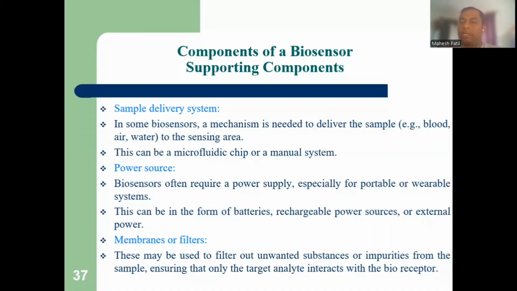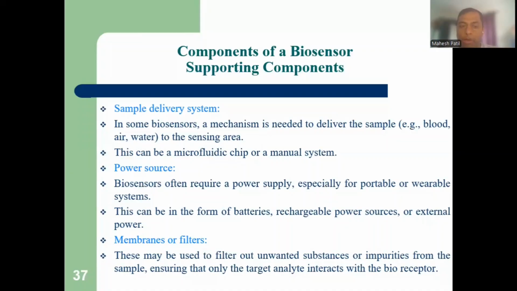If your device stands in one place while you do the analysis, you may use an AC power source. But the majority of devices now are handheld, so we have to operate on DC power, and we don't want frequent charging, so we have to reduce that. In those cases, we provide a portable DC power source, using batteries or external power. Depending on that, my biosensor is again classified in those ways.